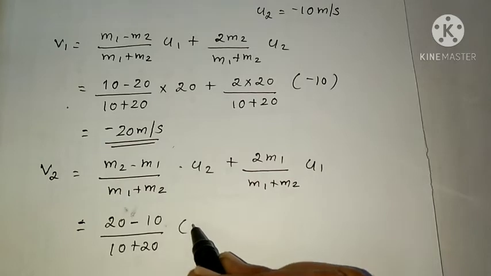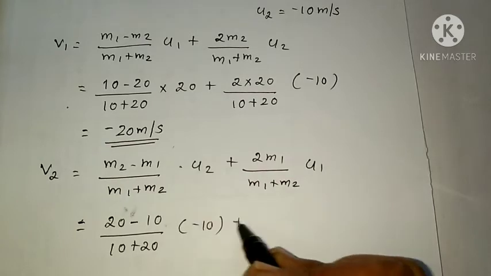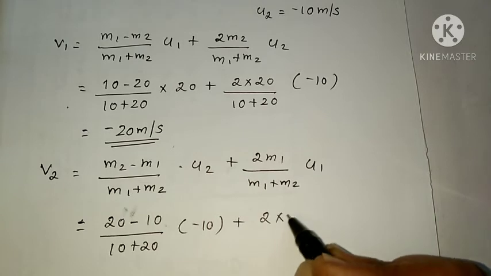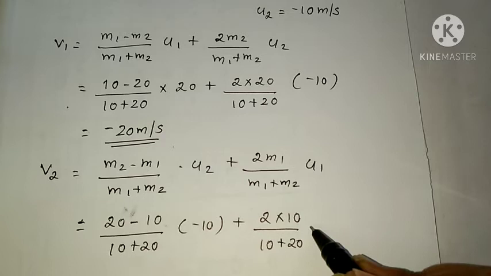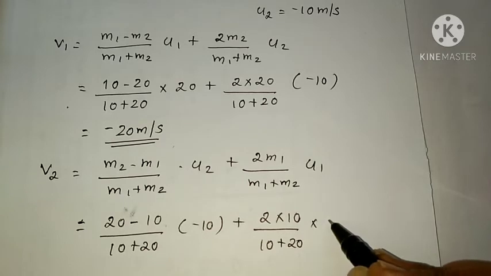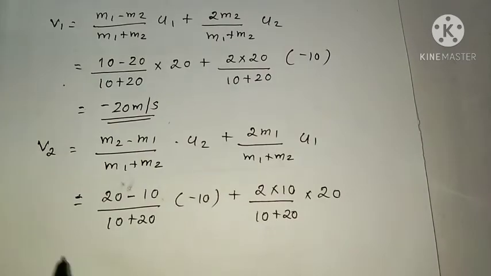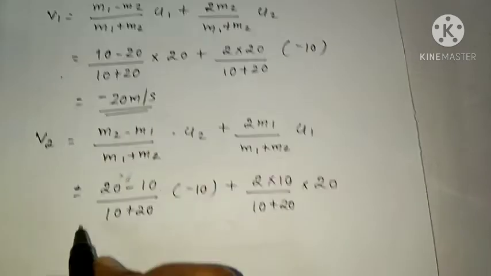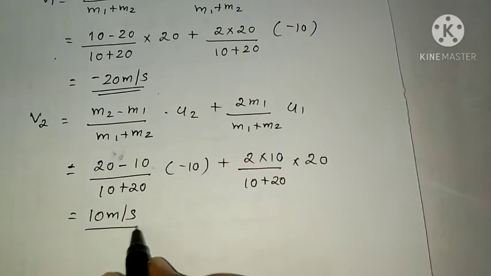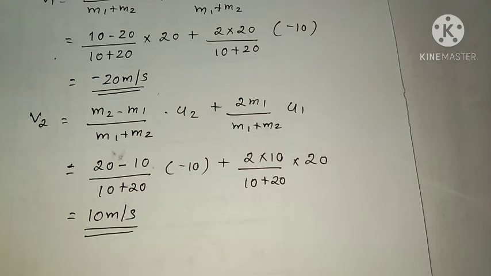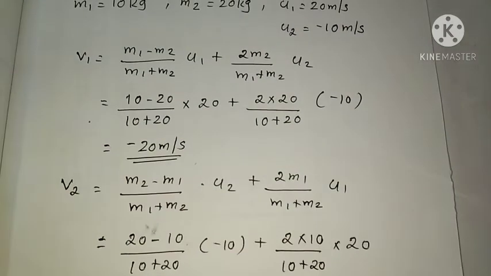Minus 10, plus 2 into 10 divided by 10 plus 20 into u1, that is 20. So we can get the answer 10 meter per second. So these are the velocities of the two balls after collision in the elastic collision. Clear? So you just remember the formula V1 and V2.